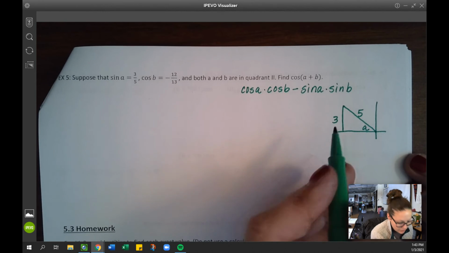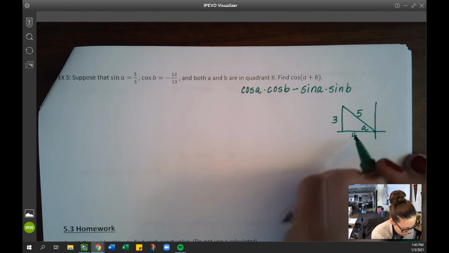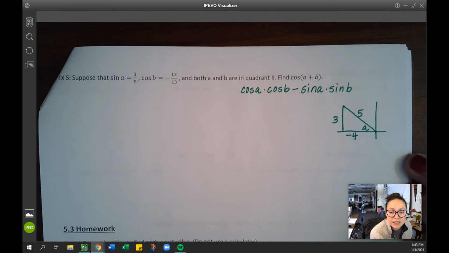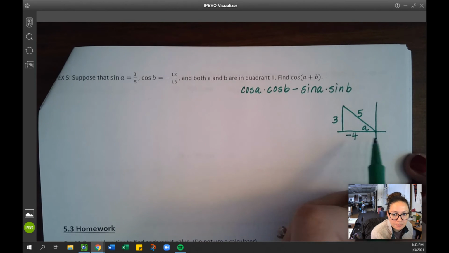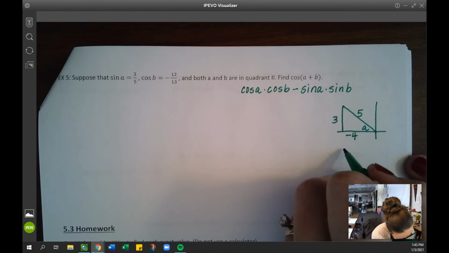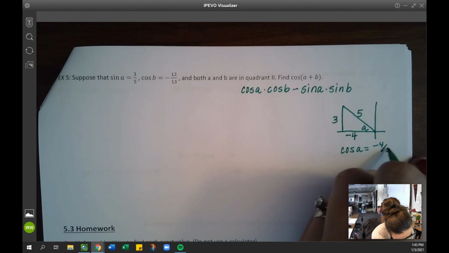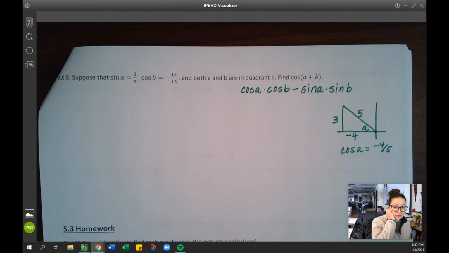Using the Pythagorean theorem, this is a Pythagorean triple. That's a 3, 4, 5 triangle, but it's going to be negative because it's a negative x direction, which means that the cosine of A is -4/5.